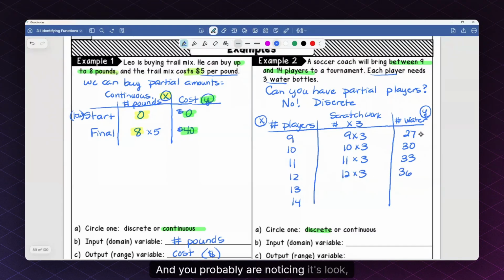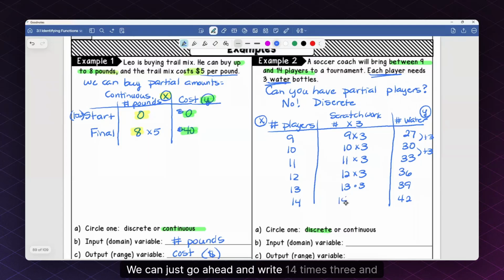And you probably are noticing it's going up by 3 every time, which makes a lot of sense because each player gets 3 water bottles. So every time we go up a player, it goes up by 3. Let's see, 13 times 3 is going to give me 39. And then you might predict this one is 42. We can just go ahead and write 14 times 3, and that's 42.